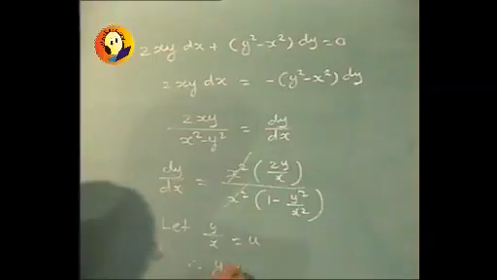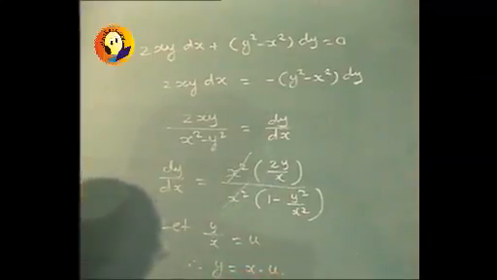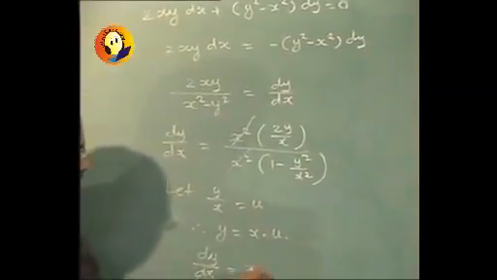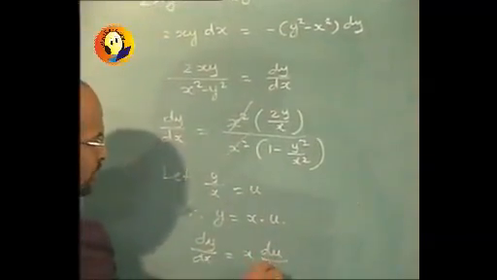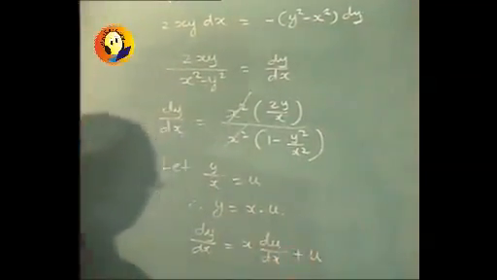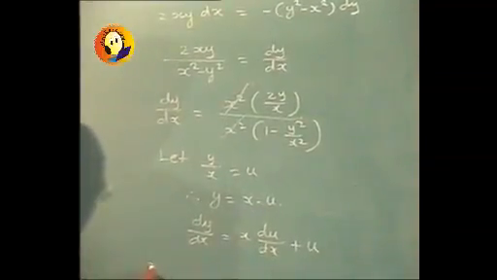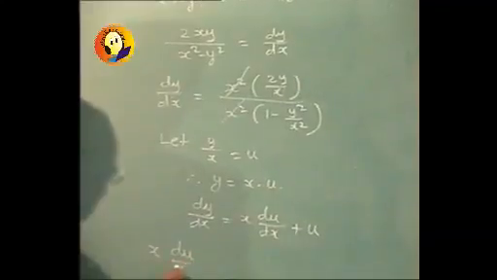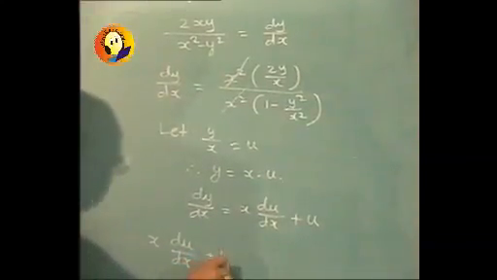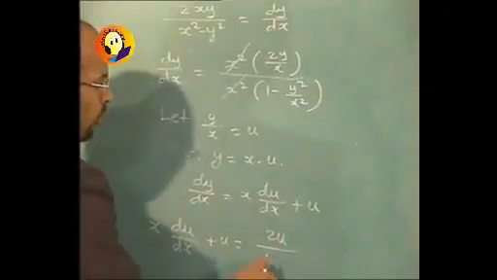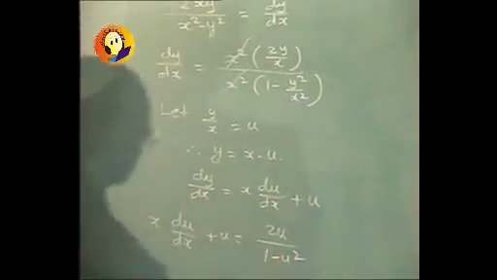Therefore, y equal to x into u. Dy by dx will be x du by dx plus u. And substituting in the given equation, it will come out to be x du by dx plus u equal to 2u upon 1 minus u square.